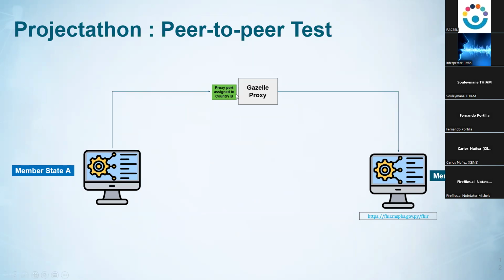We will configure the proxy so that if country A wants to send a transaction to country B, we ask country A to send it to the port address we assign to country B. So country A will send the message to the Gazelle proxy by using the IP address of the proxy and then the port. Once the message comes in, the proxy will know whether it is for country B, country C or country D, depending on the configuration we provide.